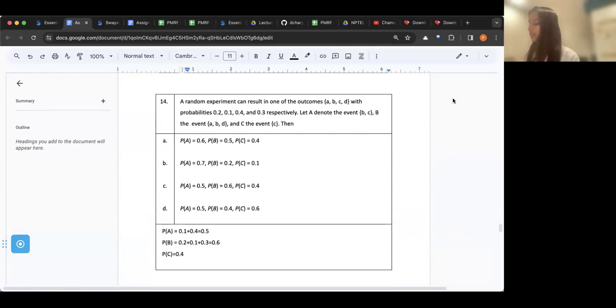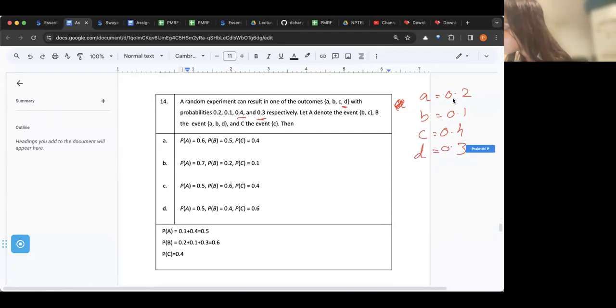Now, coming to probabilities. So a random experiment can result in one of the outcomes A, B, C, D. So A has the probability of 0.2, B is 0.1, C is 0.4, and D is 0.3.